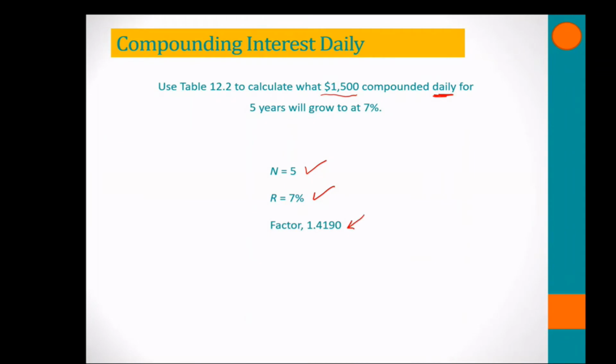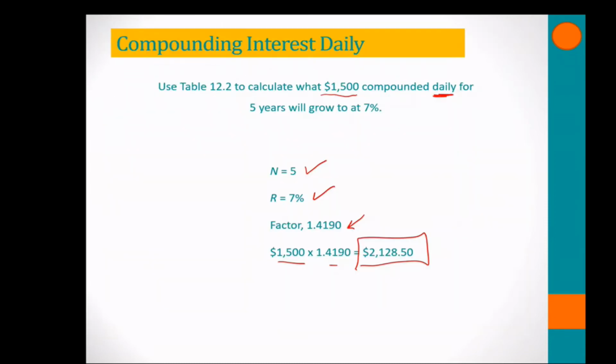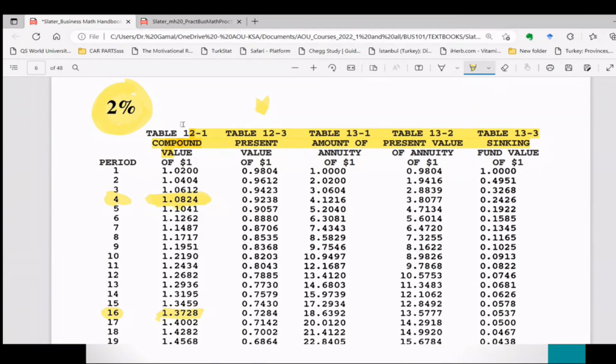This is the factor. If we multiply this table factor by 1,500, you get 2,128. Here we talk about the compounded value, which is this table.